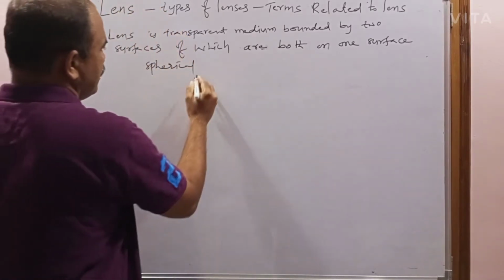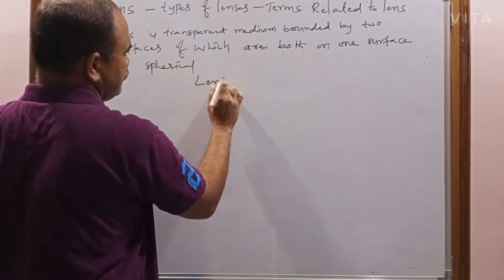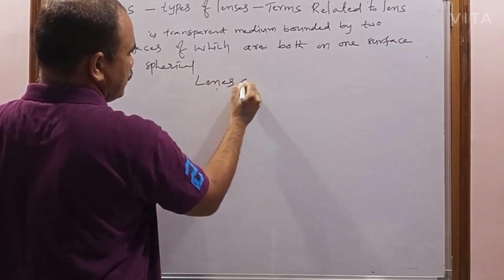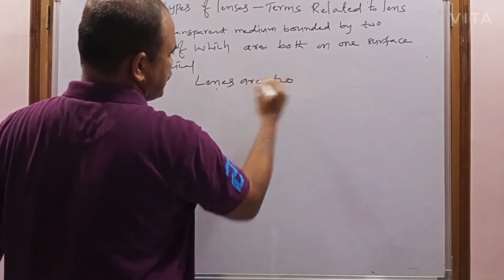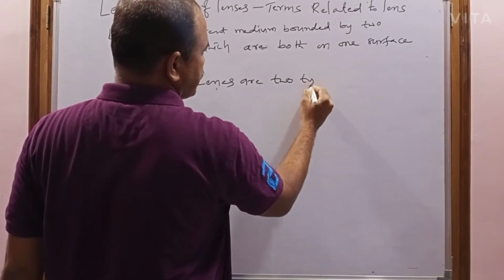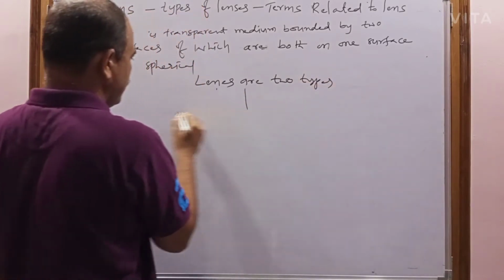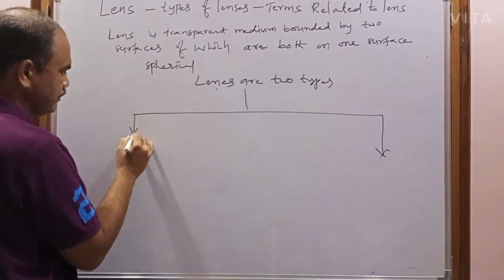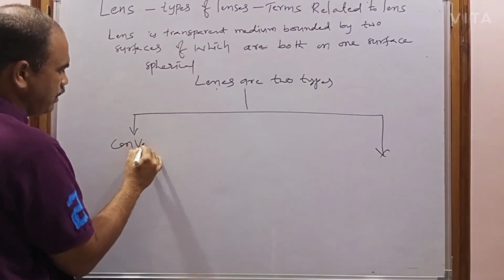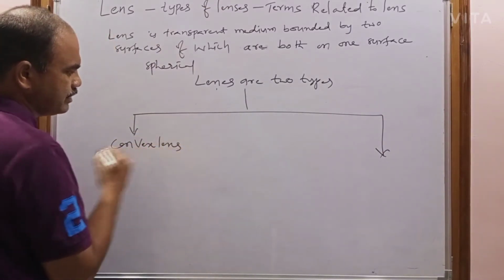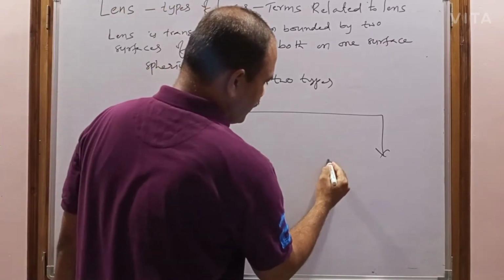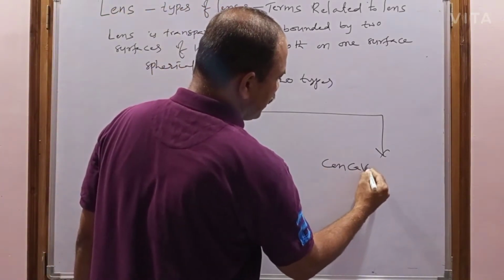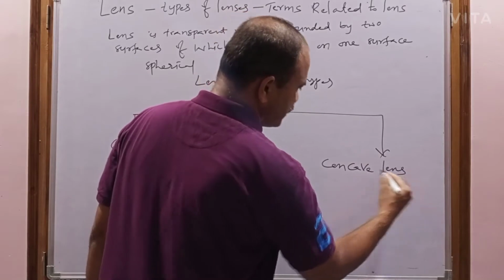Next, coming to the types of lenses. Basically the lenses are of two types. One is the convex lens, and the other is the concave lens.